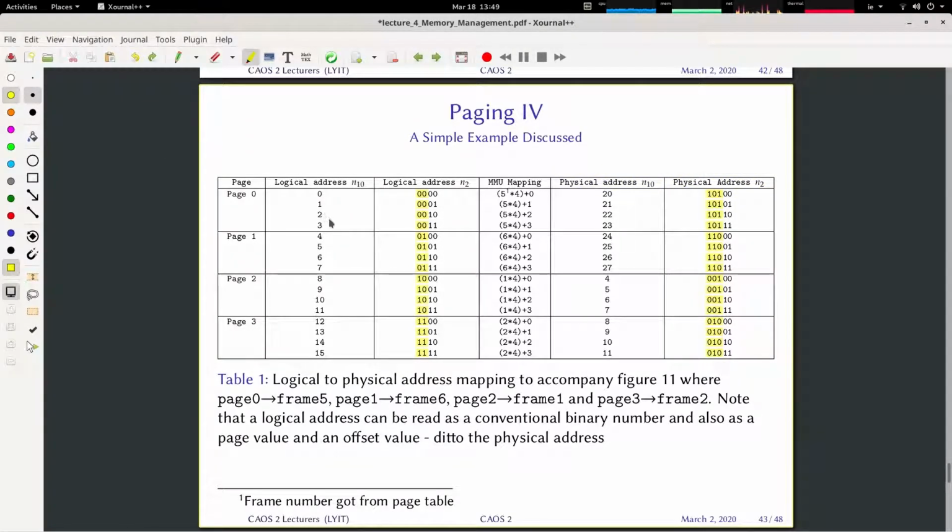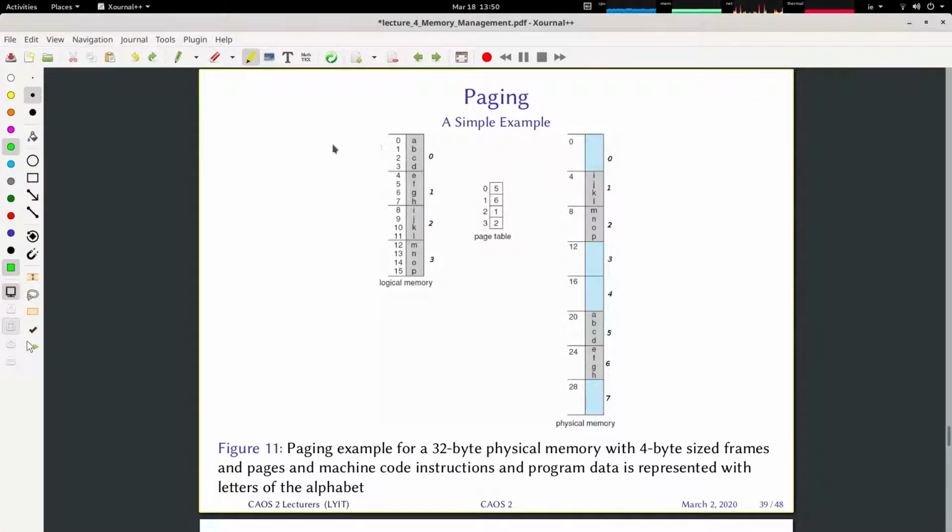So let's consider logical address 0. In the diagram you'll see that logical address 0 is here. Its content is the machine code instruction A, and if we look at the page table we can see that page 0 is mapped to frame 5.